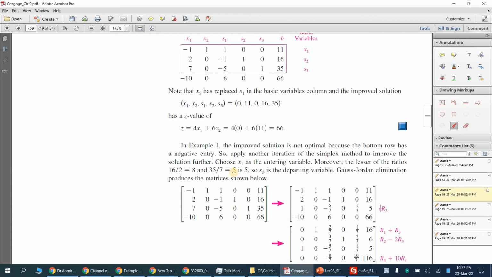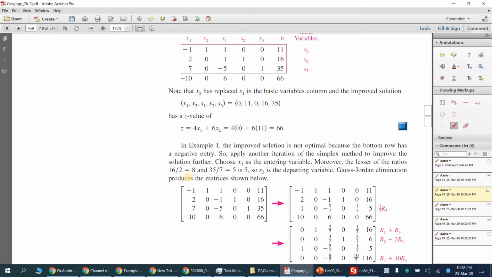Okay, so you take these values, the value that comes out is 8, 5, and the third one they haven't chosen. Why? The third one is 11 divided by minus 1, which is minus 11, so they don't choose it because we need the smallest positive value.